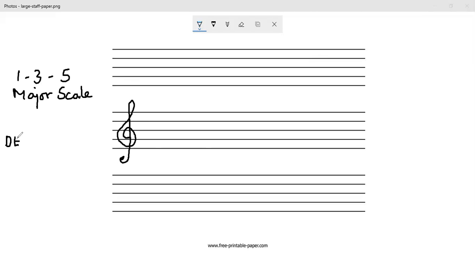So it's D, E, F sharp, G, A, B, C sharp, D. And notes 1, 3, and 5 will be 1, that will be 3, and that will be 5. So the notes of the D major chord will be D, but remember the middle note will be F sharp, and that will be A.